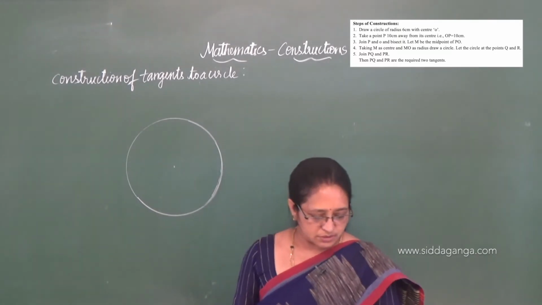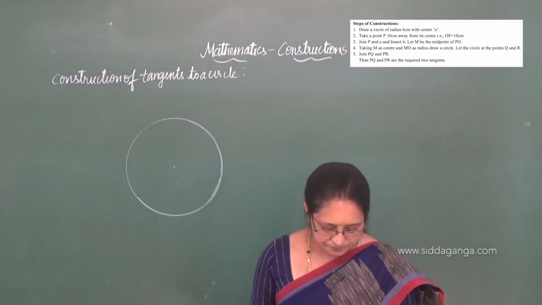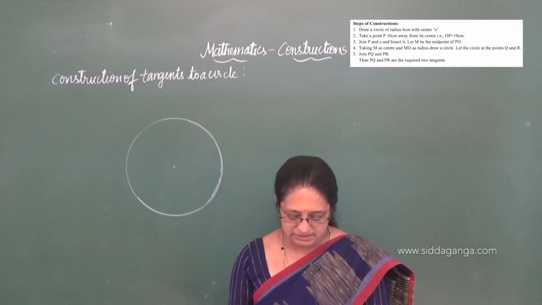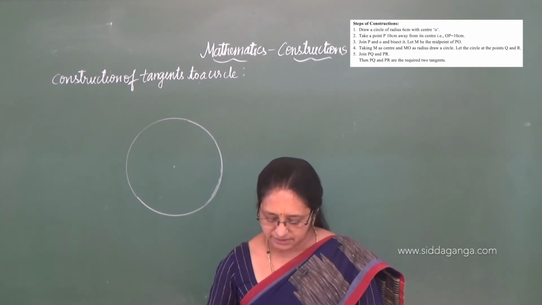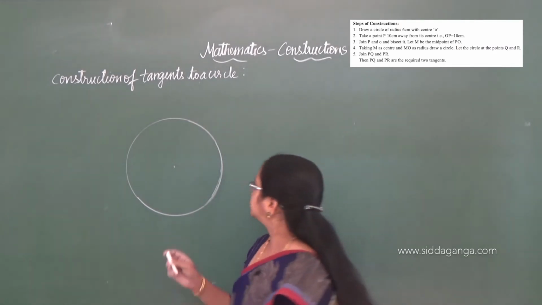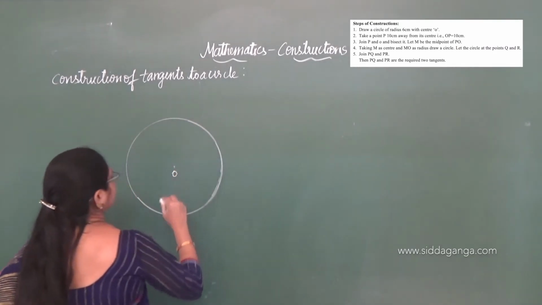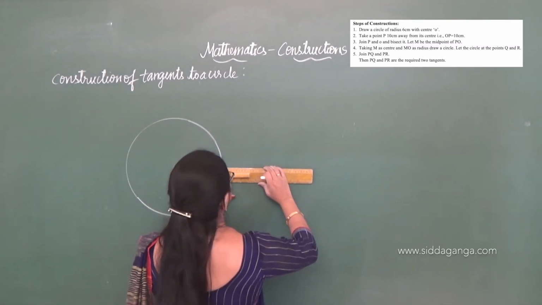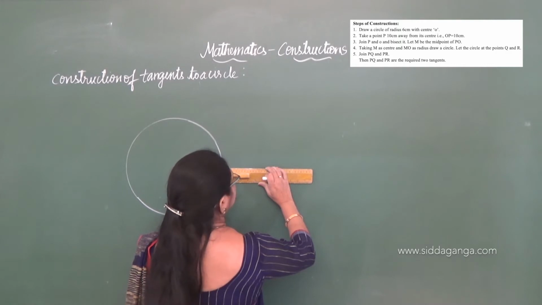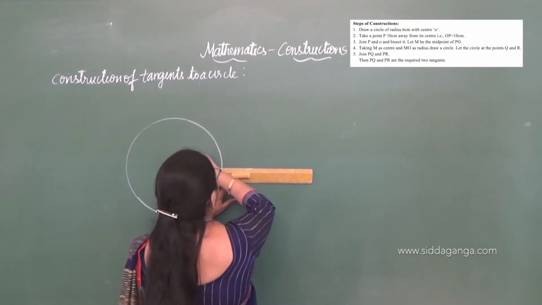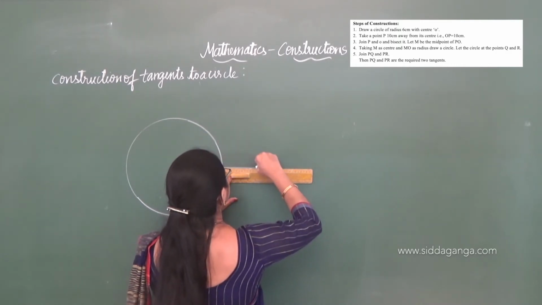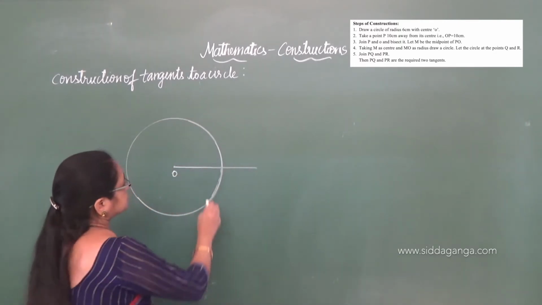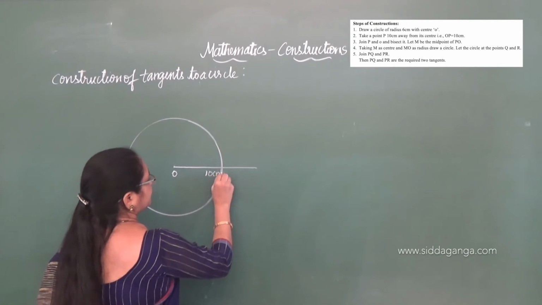Then, also from the point 10 centimeter away from its center. So 10 centimeter away from its center means, this is our center here, and 10 centimeter away from the center you can draw a line here. So this is 10 centimeter away from the center.